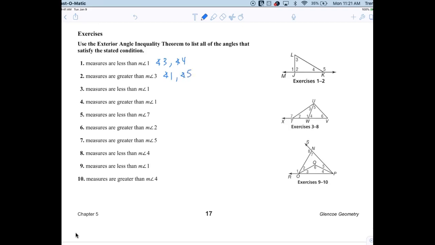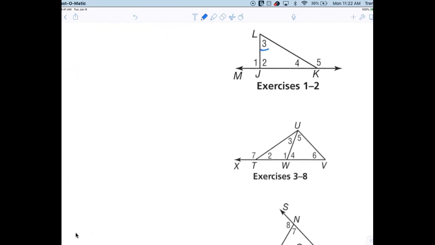All right, now I'm not sure about angle 2 because, again, let's just blow this up here. This and this are exterior to 1, right? And 3 and 2 are exterior to what? 5. So definitely 3.